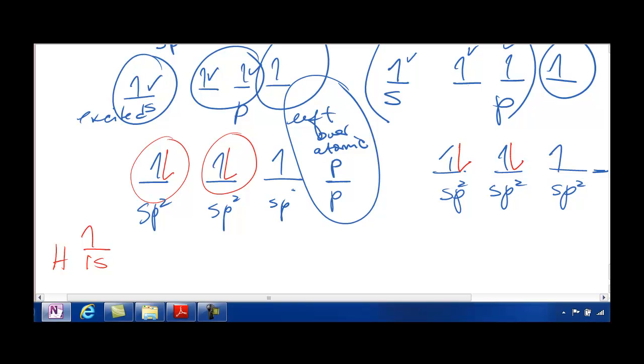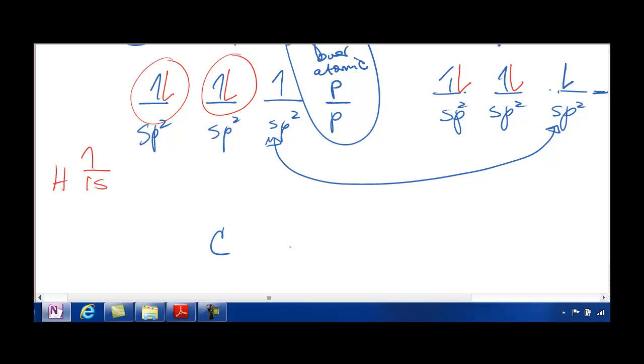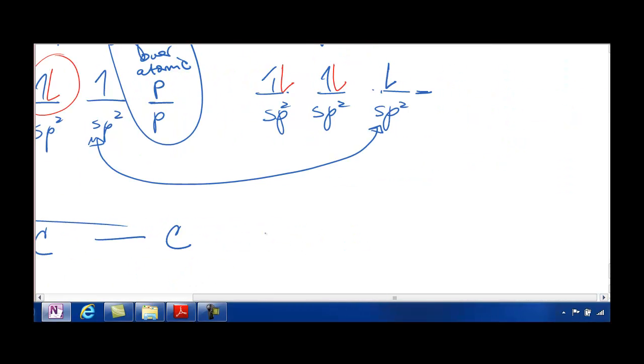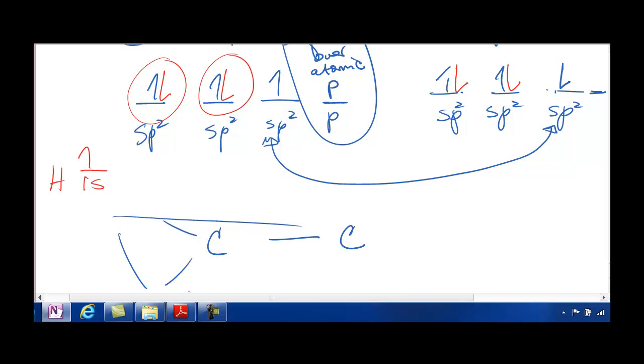But each carbon has a leftover sp2 and another sp2 that are unpaired. And this was up and this was down. So, okay, I'm going back to drawing my structure. Imagine a triangle, and when you have a triangle, you're going to have an H, an H, another H, and another H, and this is my other triangle.